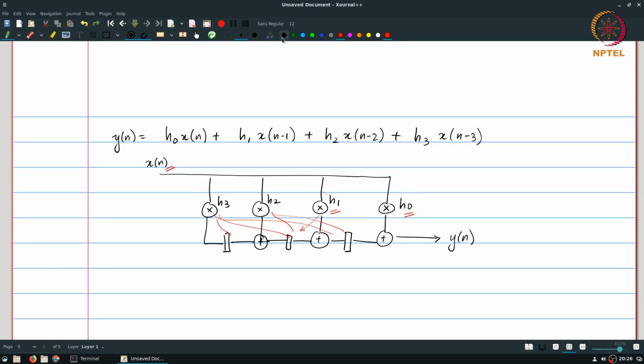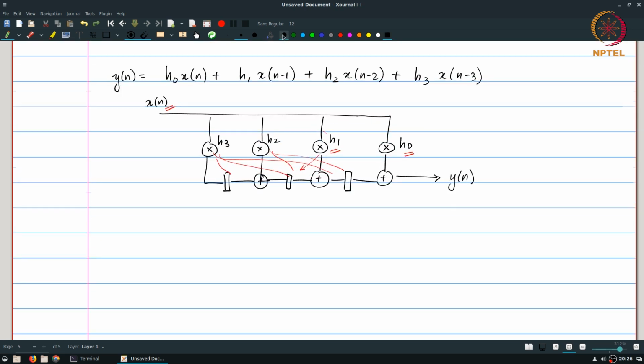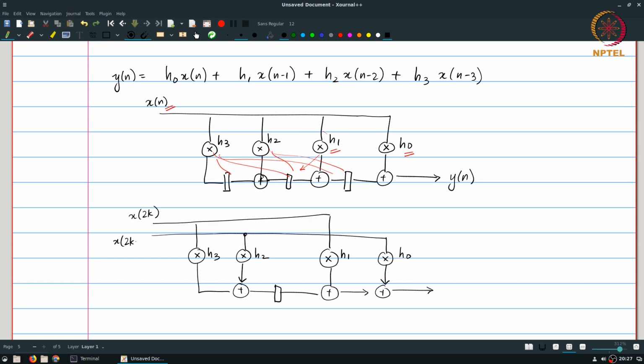Now, a 2 parallel version of this architecture could look something like this. If you are wondering how this architecture comes up, this of course corresponds only to the output y of 2k plus 1. Let's try and figure out how that happened. Let's take a look at this particular path, which tells us that what we have is h0 into x of 2k plus 1.